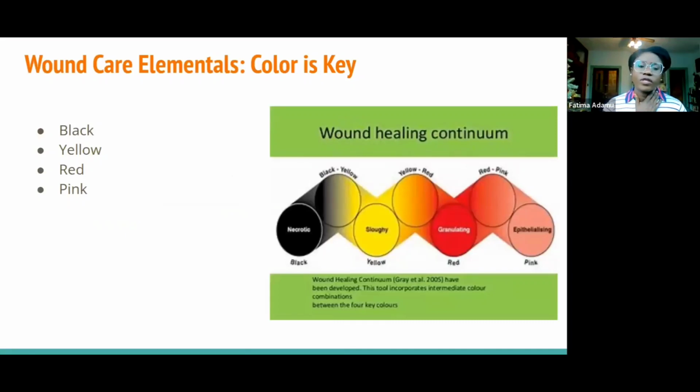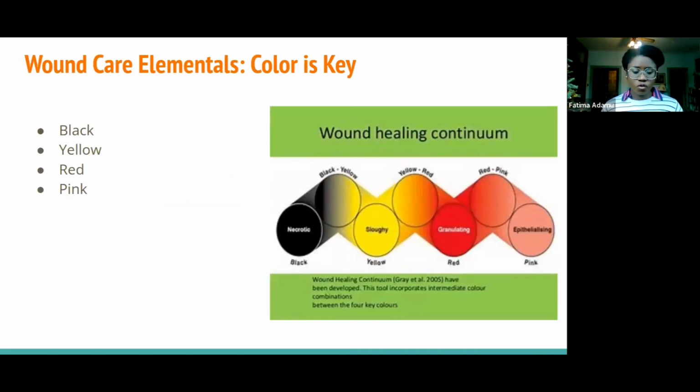Okay. When you're assessing wounds, color is key. So a black wound means that there's a lot of dead tissue. Okay. And then wounds that are yellow, it's helpful to consider temperature, because yellow we sometimes think of as a pussy wound, but there are times when new granulating tissue can present as yellow.